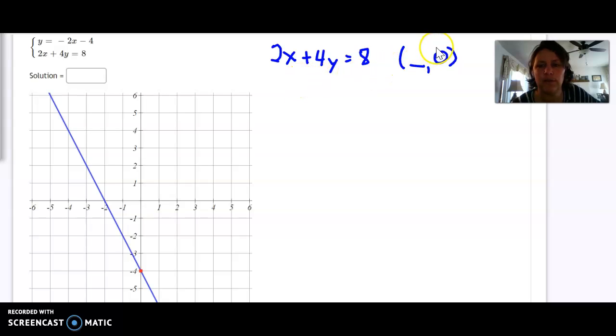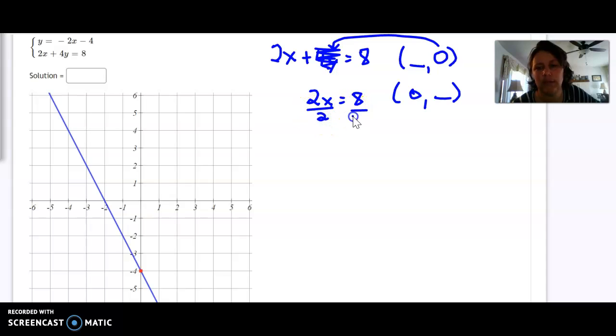Okay, so on the first part, we're going to plug in a 0 for y. This is in the y position. We're going to bring it over here and plug it in for y. 4 times 0 is 0, so that makes all of this disappear. It's all gone. And now we have 2x equals 8. Okay, divide both sides by 2, and we have x equals 4.